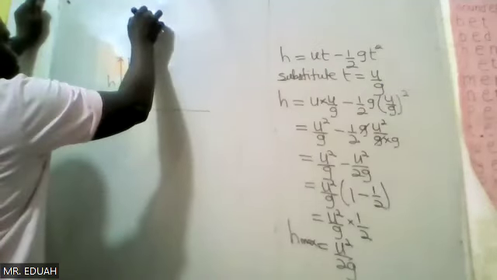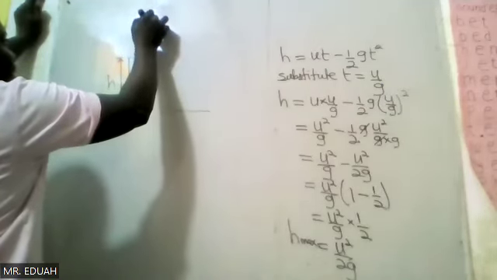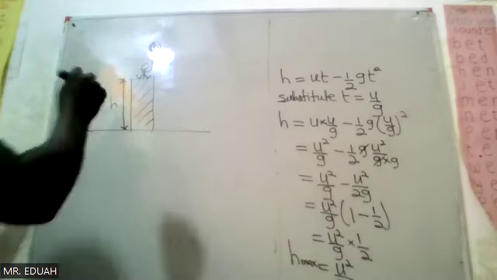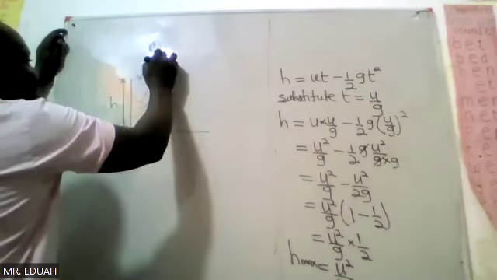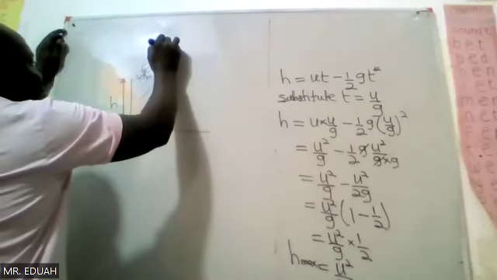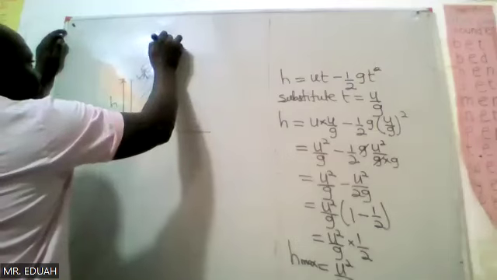Leonard throws an object vertically upwards. That is what we are looking at. Please, are you with me? Class, are you with me? So the object is going up with an initial velocity u.